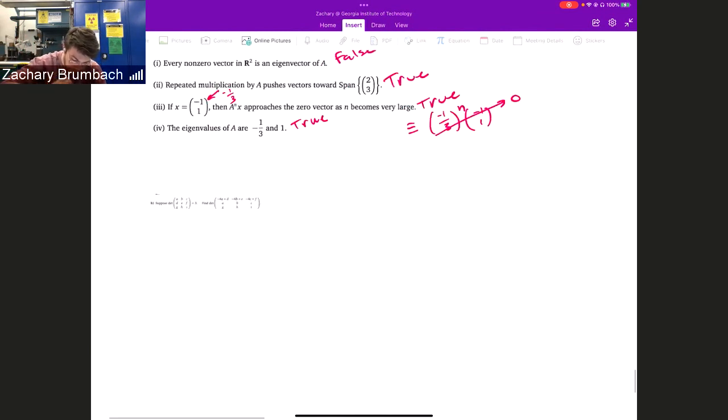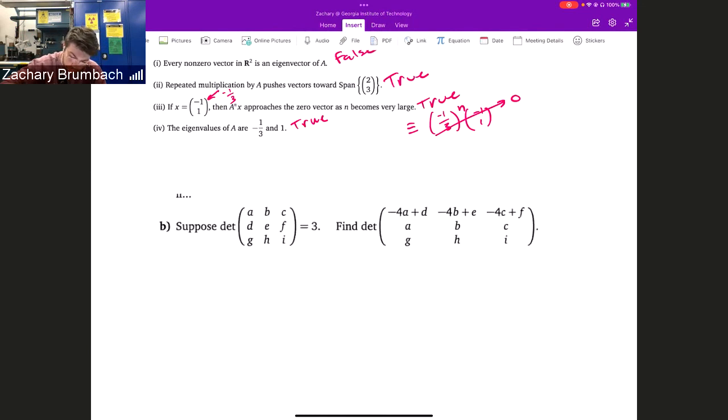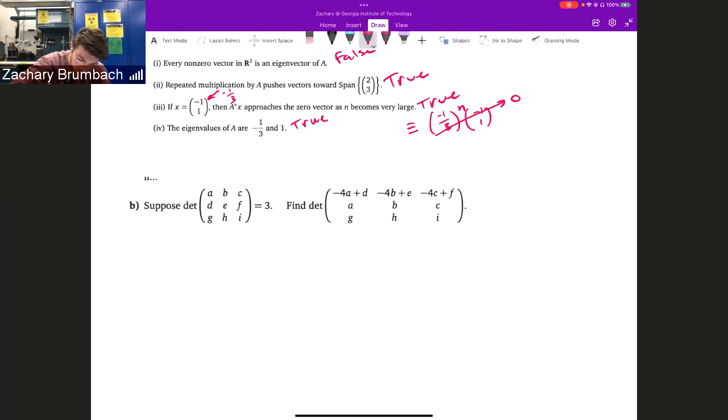So, going over this one, all right. There are other rules. Now here, row swap: determinant times -1. Row multiply: determinant times that number, okay?